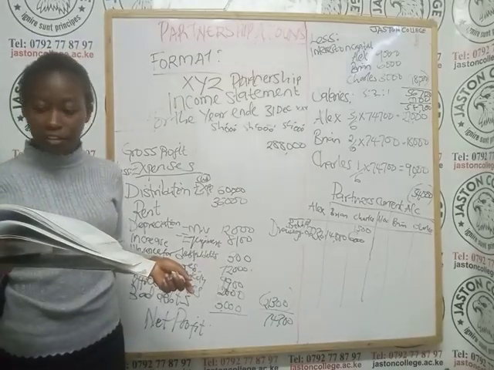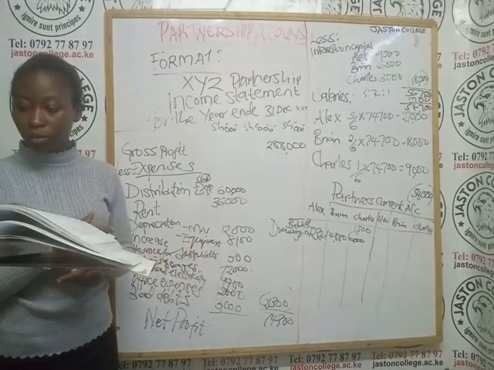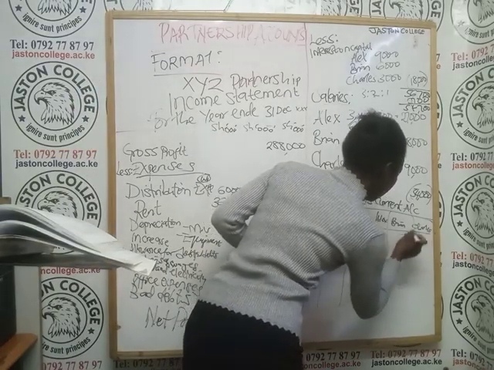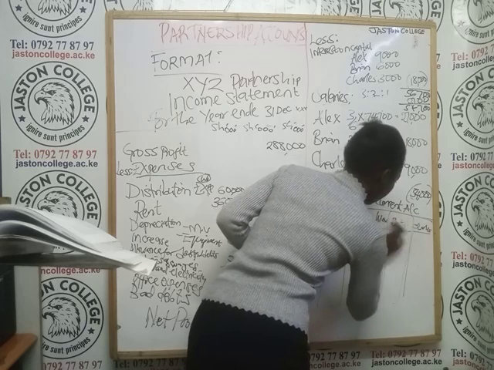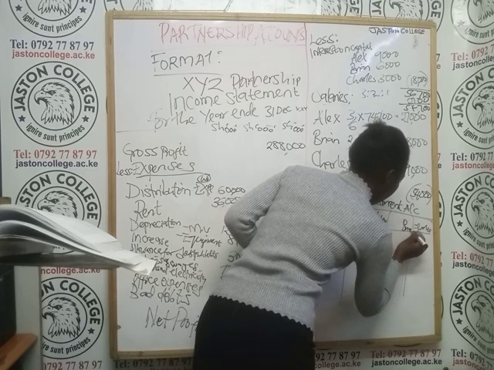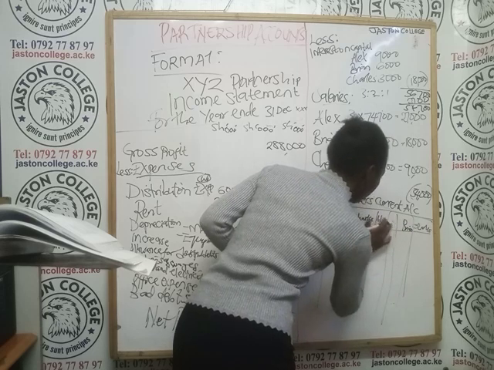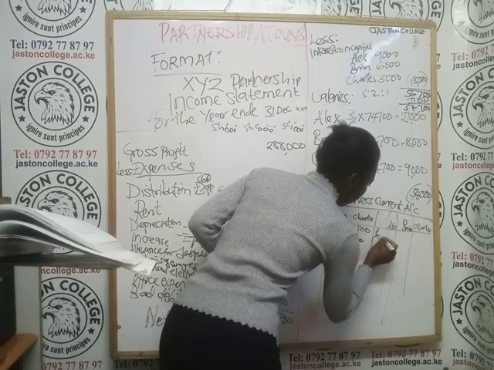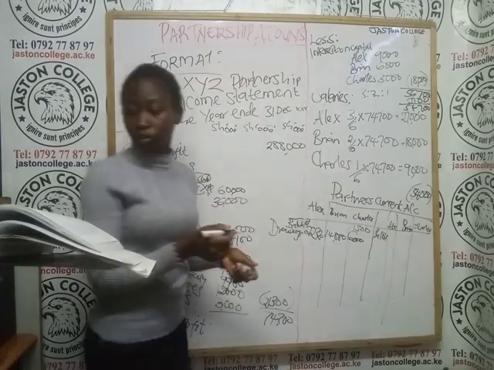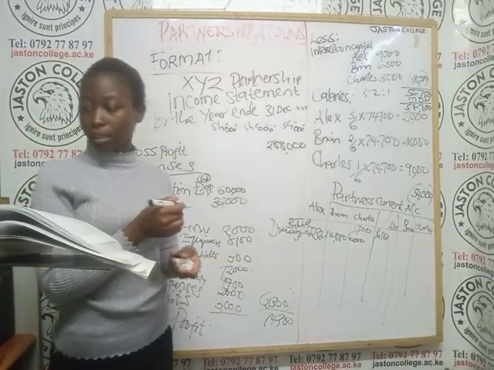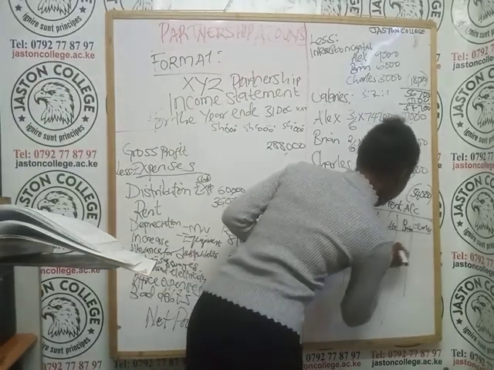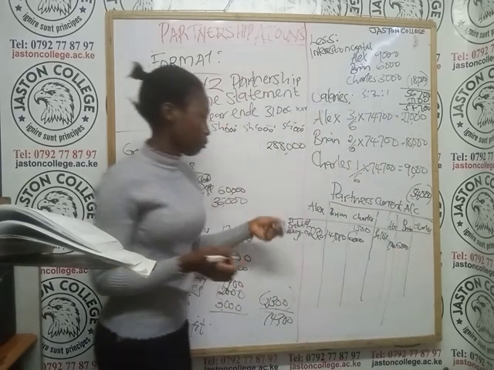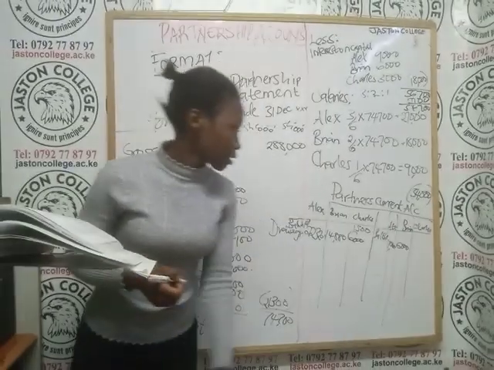We also have balance brought down on the other side for Alex and Brian. That is 9,000 and 6,000.